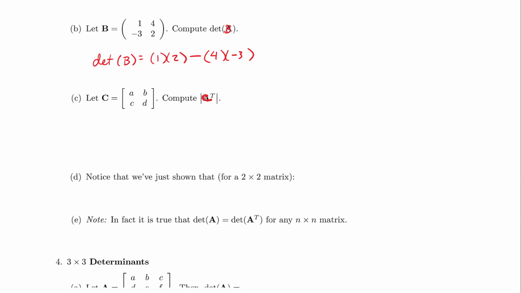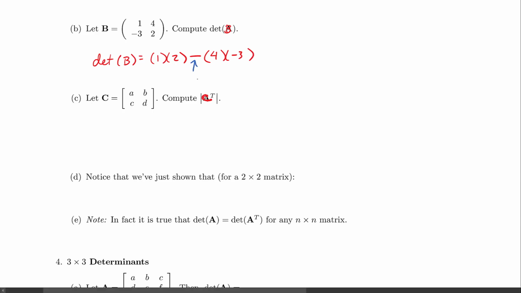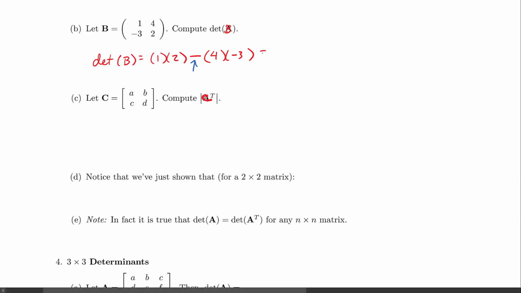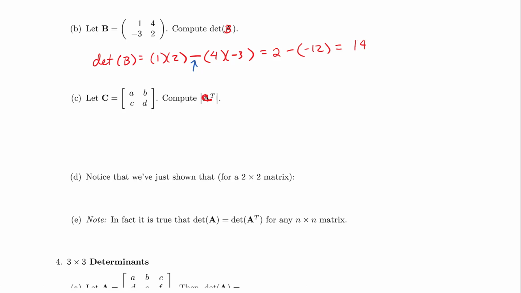Just watch this, that there's a minus sign in our formula, and then you might have negative values in your entries for these matrices, so be careful with that. When we do that computation, the first product gives us 2, and then we have minus, and the second product gives us minus 12, and so the determinant of this particular 2 by 2 matrix is 14.